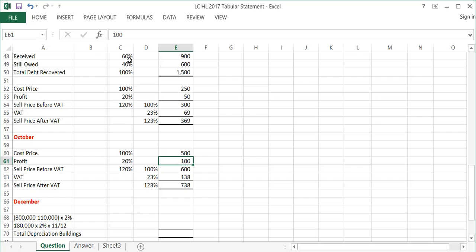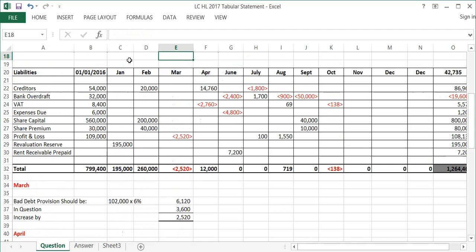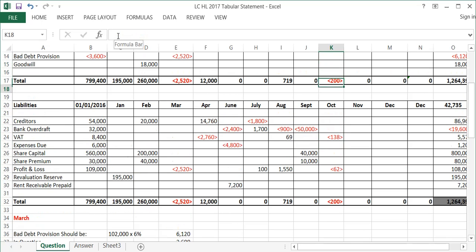But instead of giving them back the full amount of 738, we only gave them back 700, so we're up 38 from that. So it should have gone down by 100, but we held on to 38, so my profit is just going to go down by the difference, which is 62, and that is October balance.